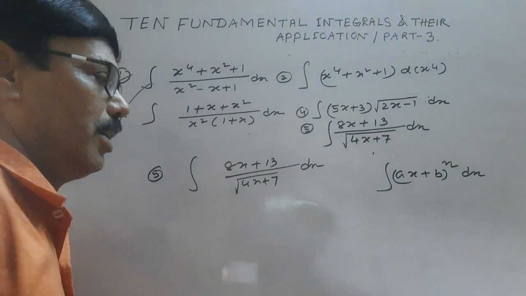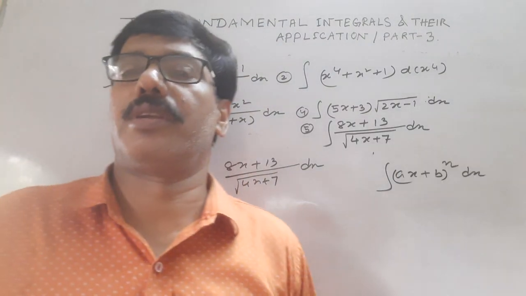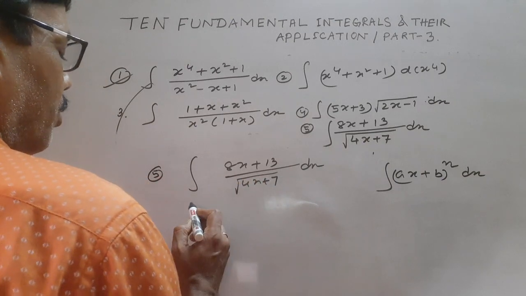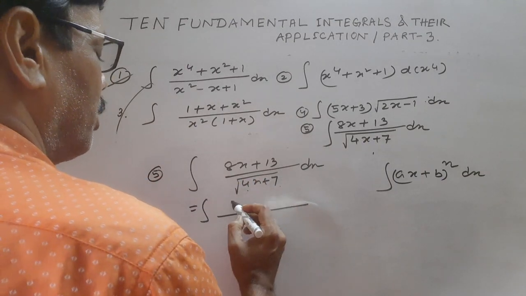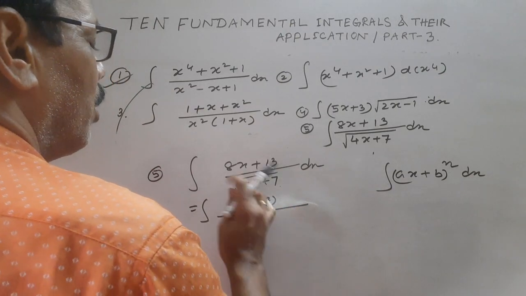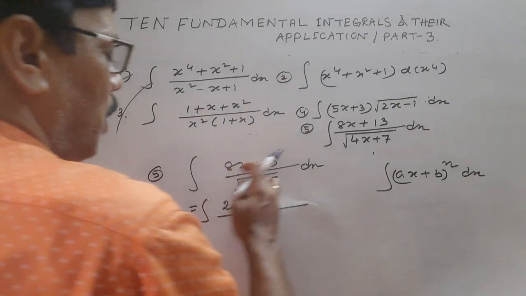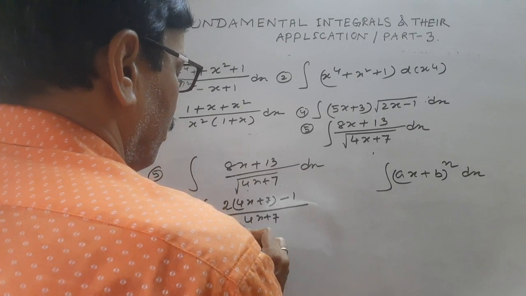This one, using algebraic, first degree algebraic. So it is 4x plus 7. So try to express the numerator in terms of the denominator. So 4x plus 7. Now it is 8x, so 2. So 8x plus 14, so minus 1. 4x plus 7.